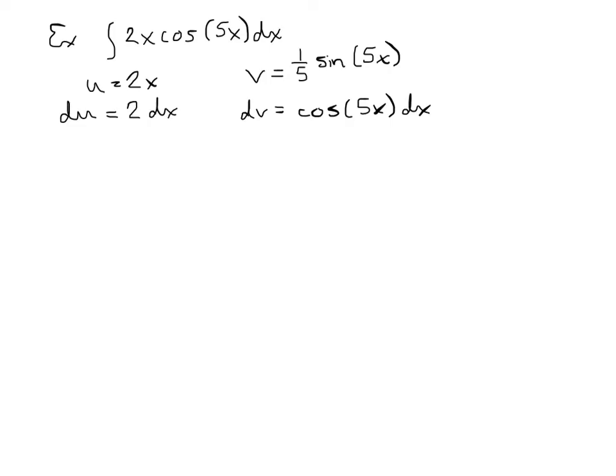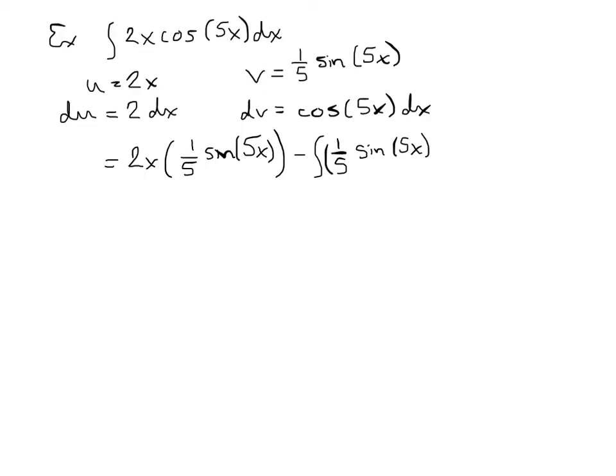Okay, so now this integral is equal to u times v, so 2x times 1/5 sine of 5x, minus the integral of v du. So minus the integral of 1/5 sine of 5x, all that multiplied by 2 dx.